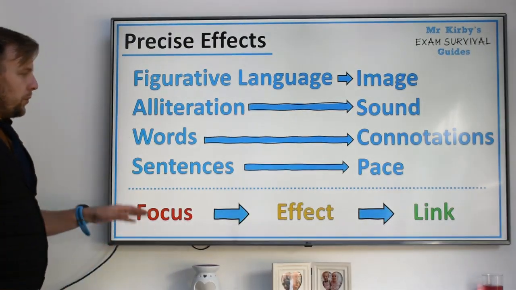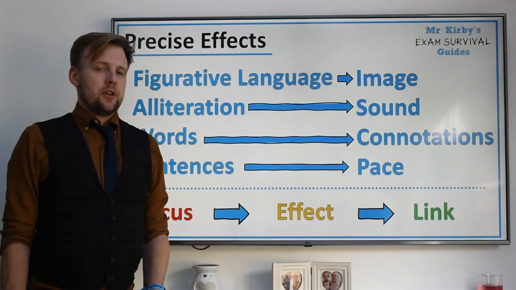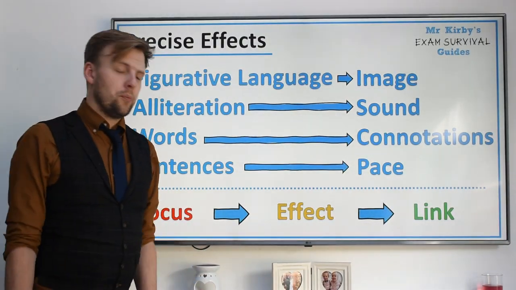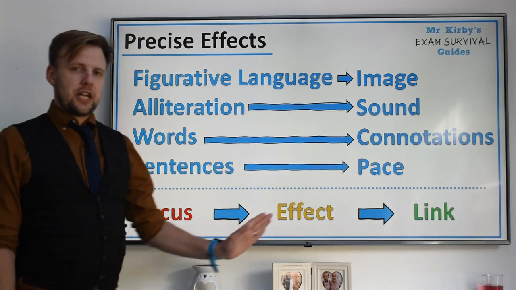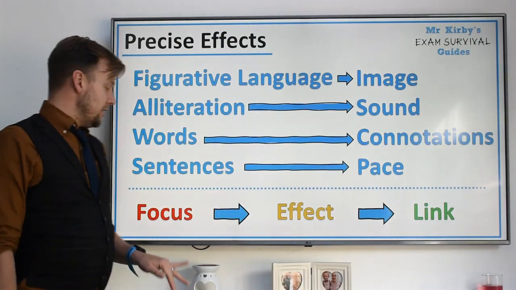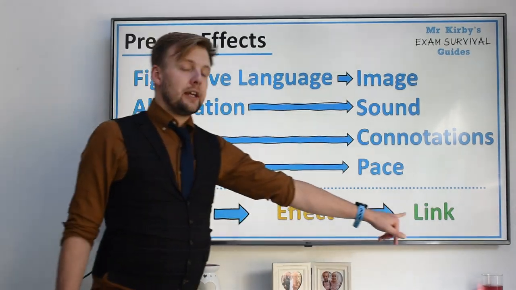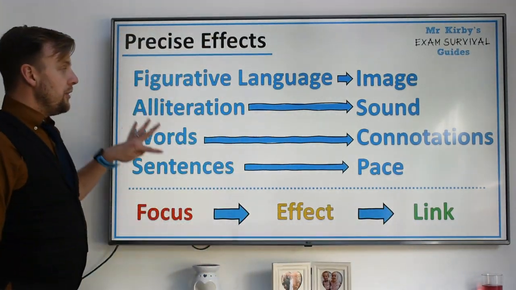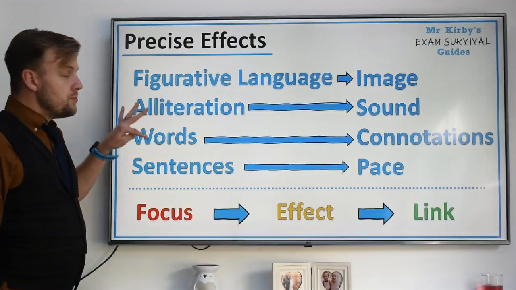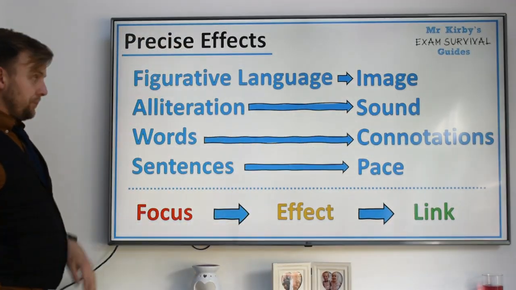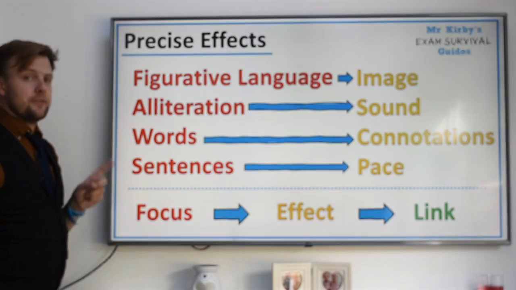okay? What we want to try and do when we are analysing language, so that's question 2, question 4 in paper 1, question 3, question 4 in paper 2, is these 3 steps. Every layer of our analysis should have a focus, it should have an effect, and then we should link it back to the topic. If I know these 4 groups, and I know these 4 effects, well, that makes it very easy for me.